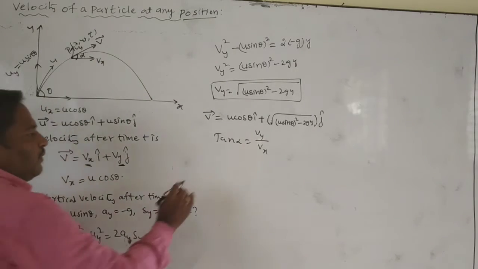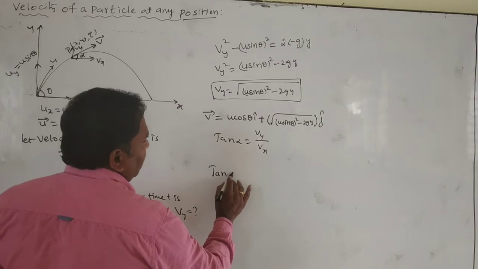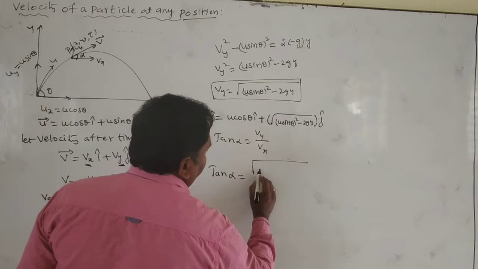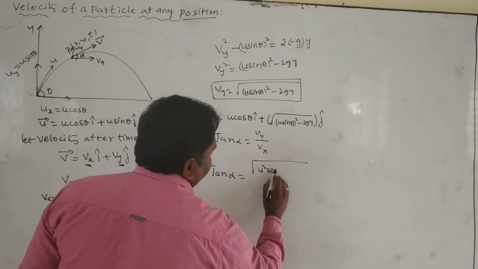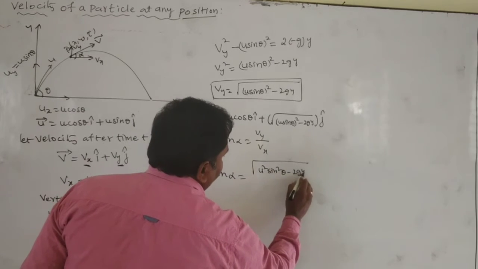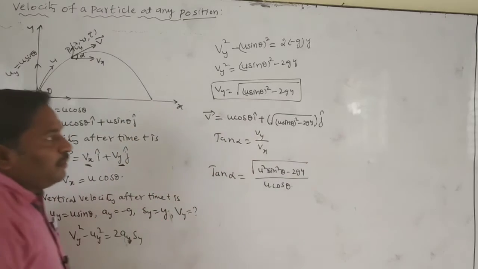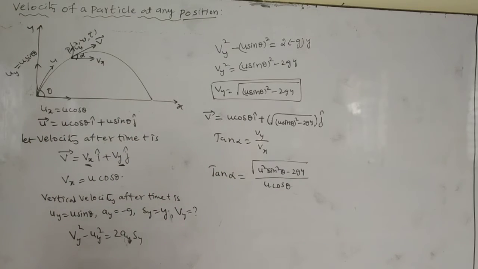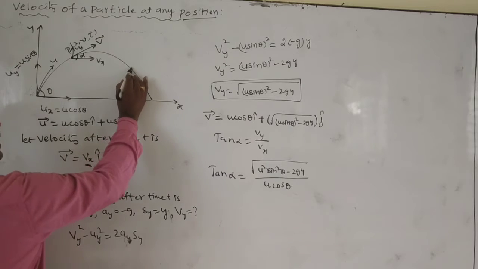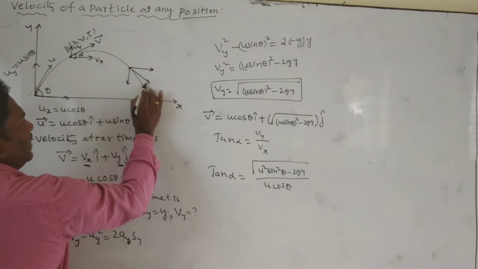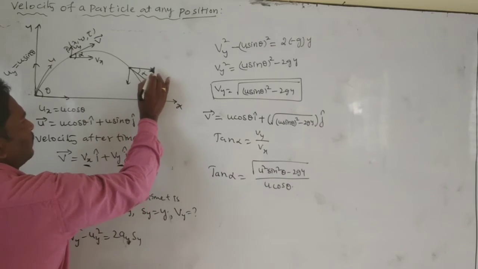So tan alpha equals root over u square sin square theta minus 2gy, by u cos theta. This is the formula. Suppose the velocity v bar makes angle alpha with the x-axis.